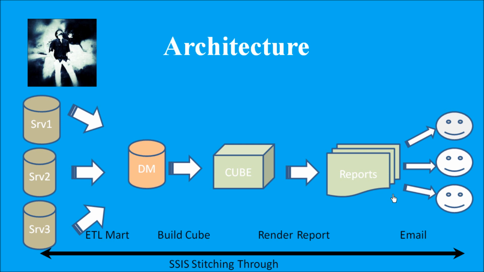So the SSIS package is going to pull the data from your OLTP environments and keep it on the DM, which none of the developers have access to, build the cube and render the report. After the report is rendered, it will send an email to the respective managers with the test cases sliced and diced on various dimensions and severity.